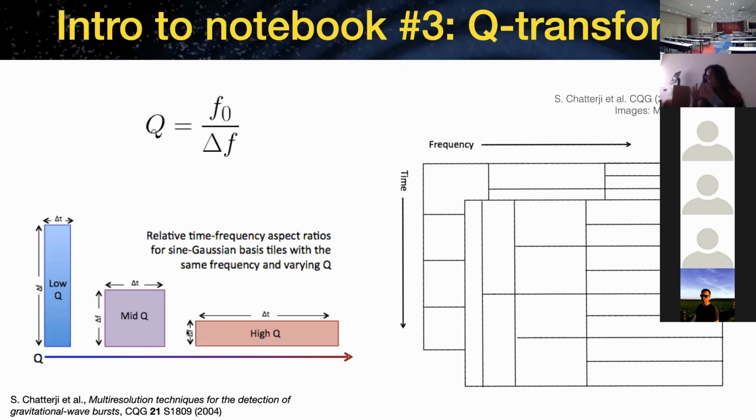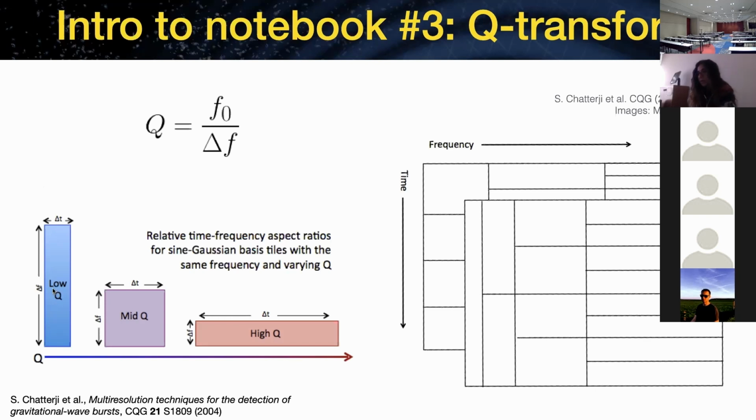So when you plot this part of the data with low frequency content, you use high Q. Vice versa, in the high frequency part, you are more interested in being precise in time, so you use low Q.